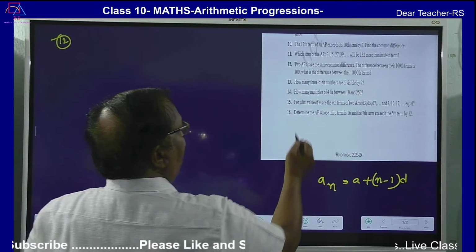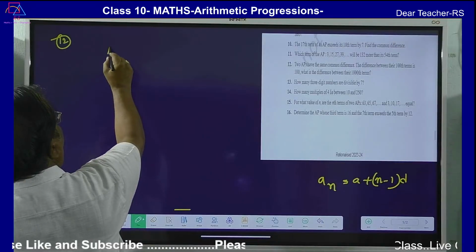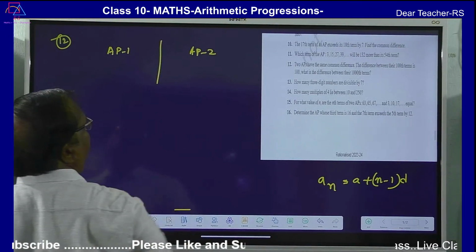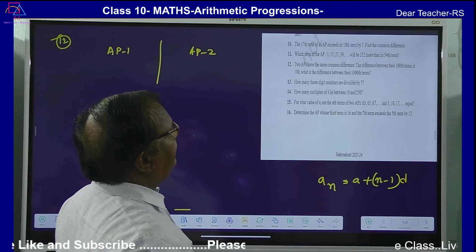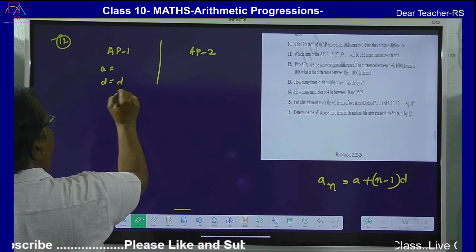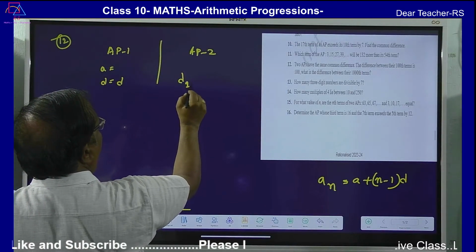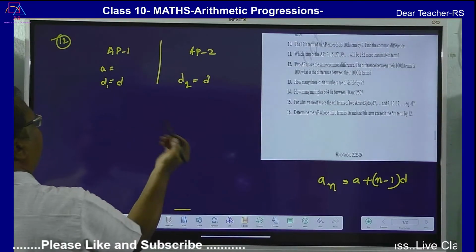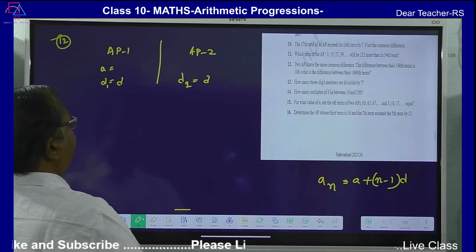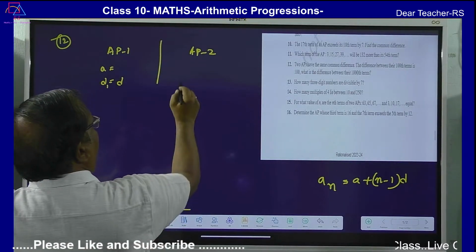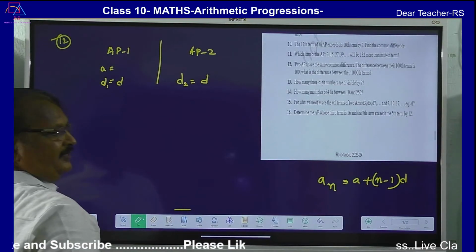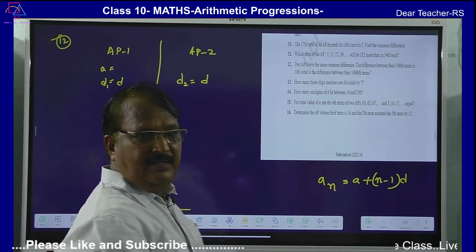Okay, two APs. Here AP1 and here AP2. There are two APs, and they have the same common difference. Here D1 is equal to D, and here D2 is equal to D. The common difference is the same.